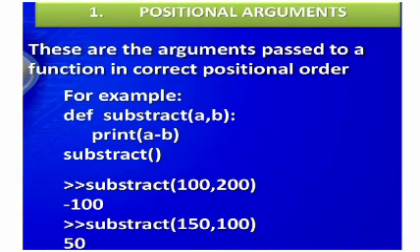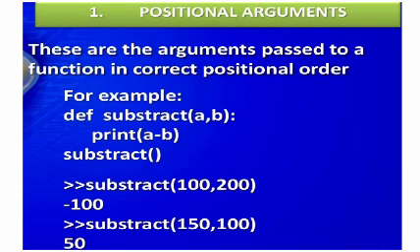First, positional arguments. These are the arguments passed to the function in the correct position, one by one. For example, here we define the function subtract and pass two arguments a and b, that is the formal arguments, and print a minus b. It means the difference between a and b.